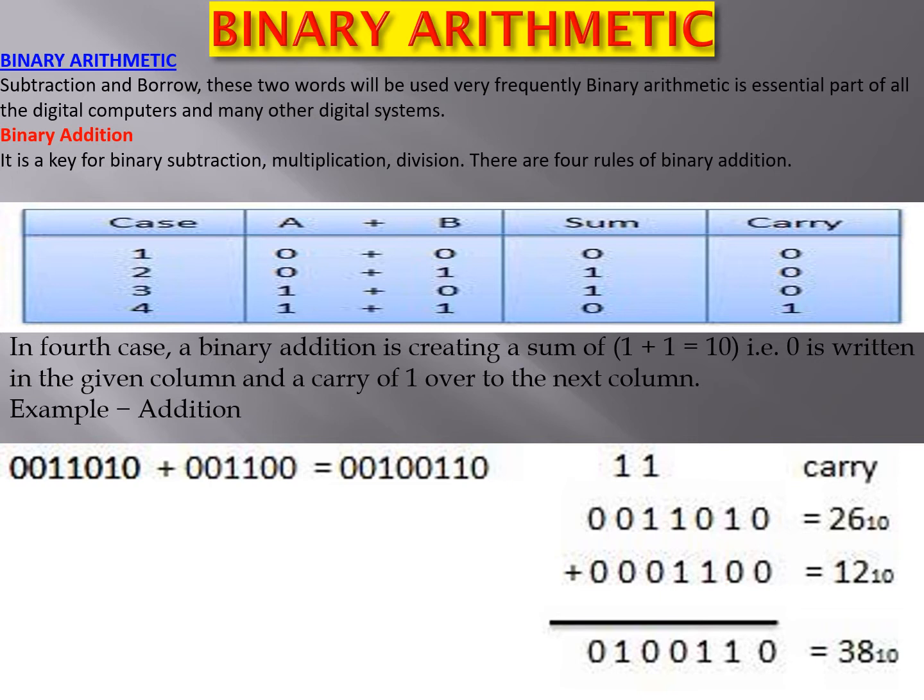If A and B are both 1, then the sum is 0 and carry is 1. In the final case, binary addition creates a sum of 1 plus 1 equals 10, which is 2. That is, 0 is written in the given column and a carry of 1 goes over to the next column.